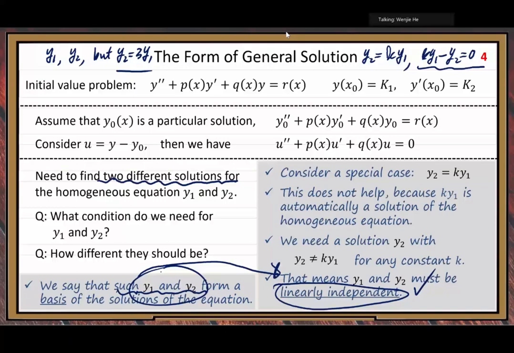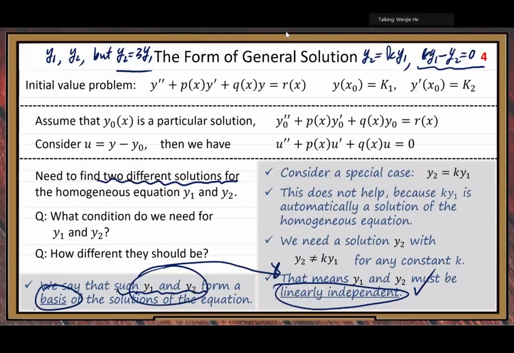But I also need to talk about the basis concept. Another important concept. In linear algebra, you learn the basis concept. But here, we need to use this basis concept. So these two functions form a basis. What's the meaning?